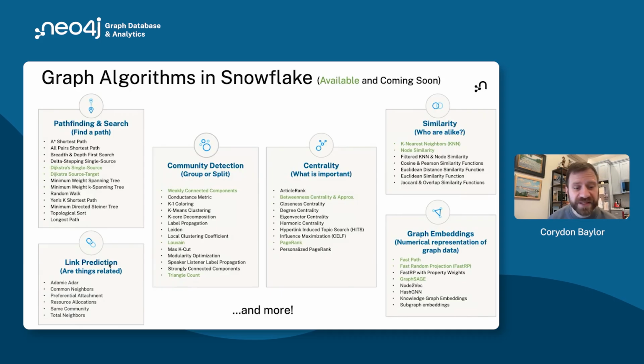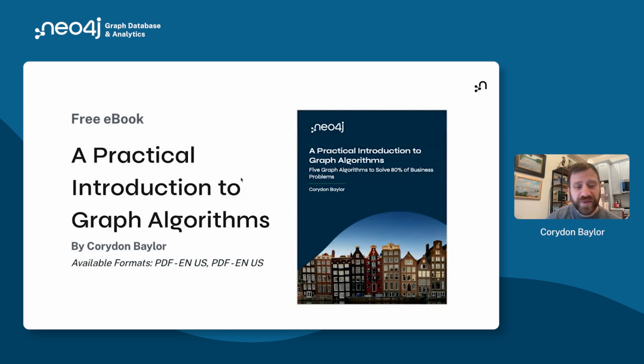Finally, you have graph embeddings. Graph embeddings convert the graph structure around a node into numbers that can then be used in traditional machine learning approaches. All of that might seem very confusing. We do have a book out. It's called A Practical Introduction to Graph Algorithms.